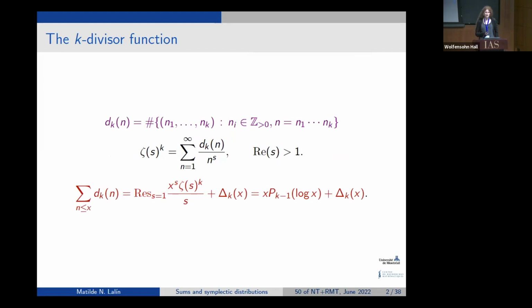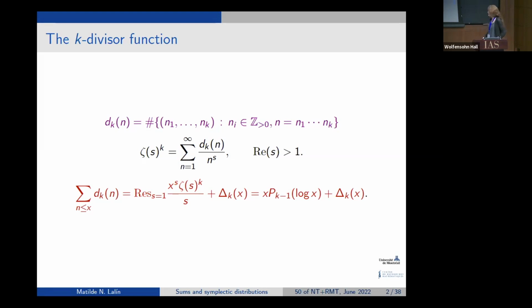So the initial problem that one can consider is the sum of d_k(n) for n up to x. This is well known to be, well, we get a main term coming from a residue of the zeta function, given by x times a polynomial of degree k minus 1 in log x, and then there is an error term.